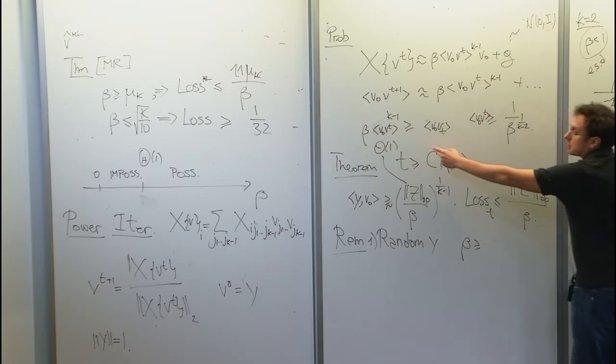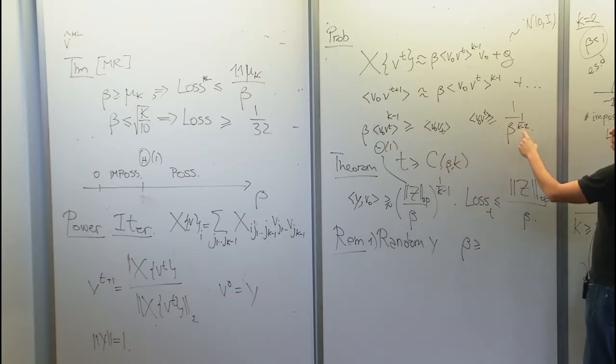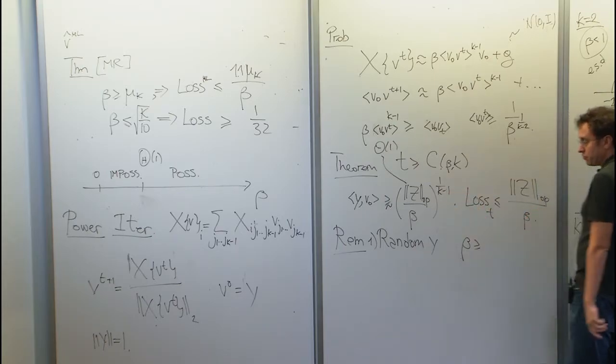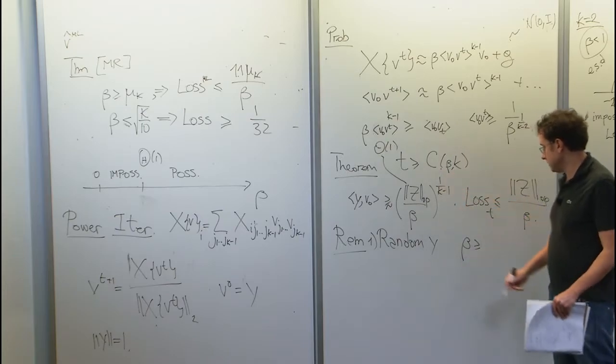This is what this argument gives: that this should be bigger than 1 over beta to the k minus 2. If you do the proof, you lose one guy here because you do a wrong triangular inequality, if you do the naive proof. For my story, this is okay, but it would be interesting to improve this exponent to 1 over k minus 2.